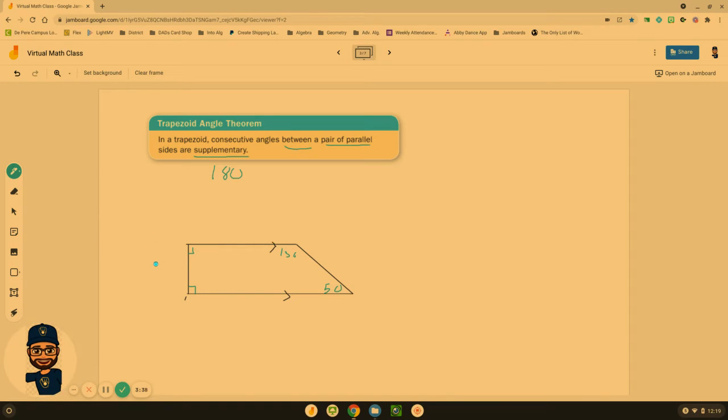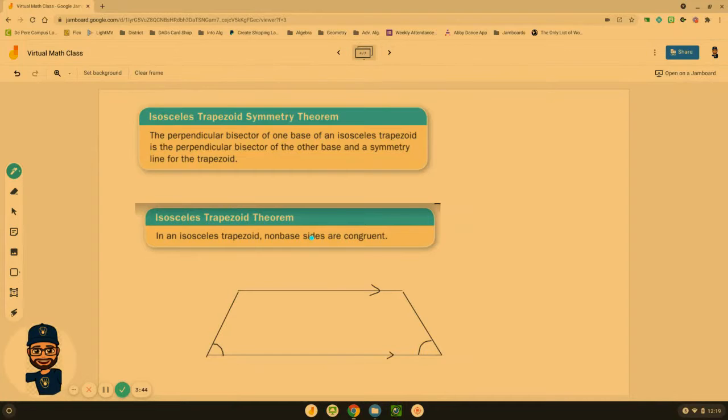Now this gets even more specific when we go to the isosceles trapezoid. Here's the diagram of the isosceles trapezoid. Remember that the top and the bottom in this case are parallel, and in order for it to be isosceles, the two base angles have to be congruent. If this base angle and this base angle are congruent, that says it's an isosceles trapezoid.